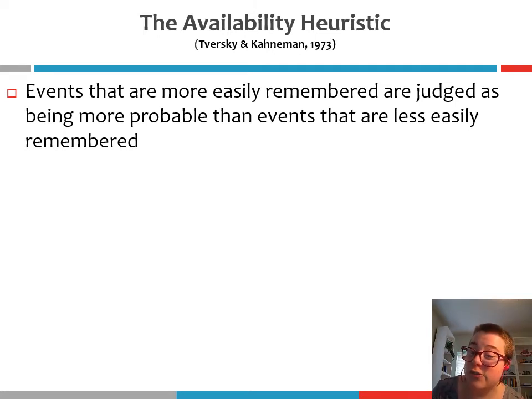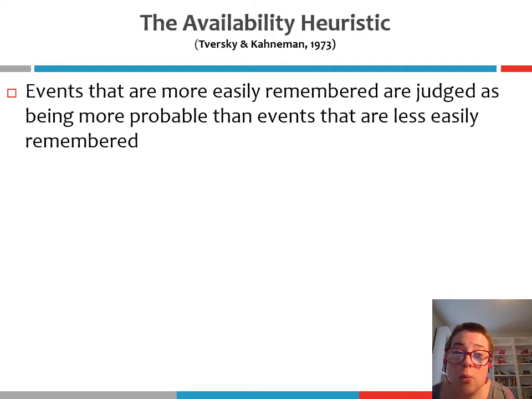So words that start with R come to mind a lot more easily than words where R is the third letter, right? But it turns out there are many more words with R in the third letter than there are that start with R. So in this case, it's an example of an incorrect conclusion, right?